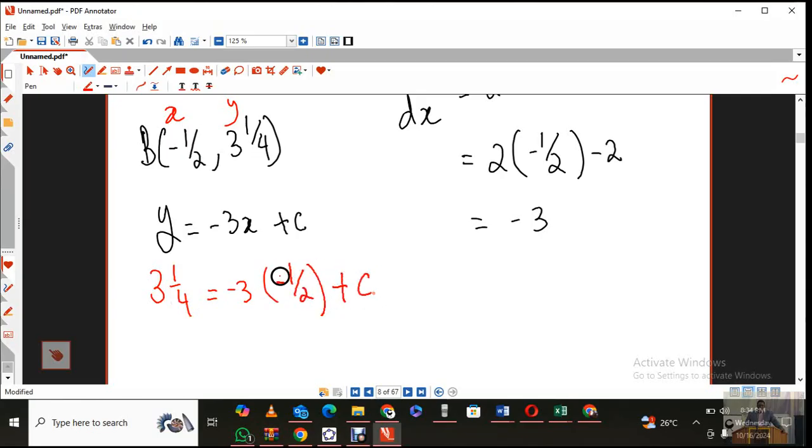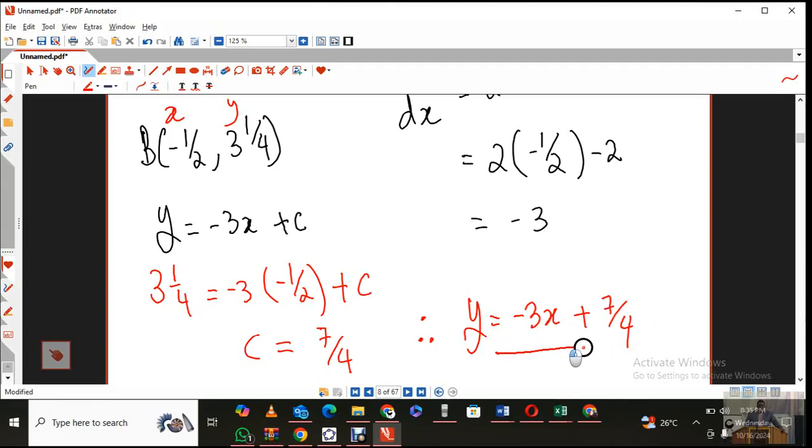This eventually gives me the value of c, and if you play around with this, you will see that c is nothing but 7 over 4. Therefore, the equation of the tangent at B is y equals minus 3x plus 7 over 4. Are we together?